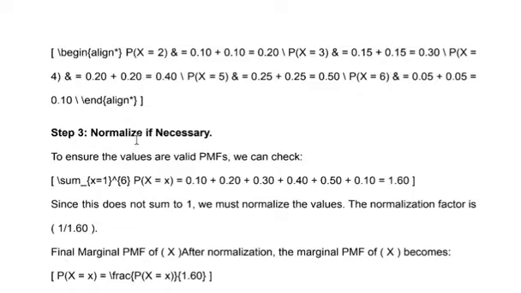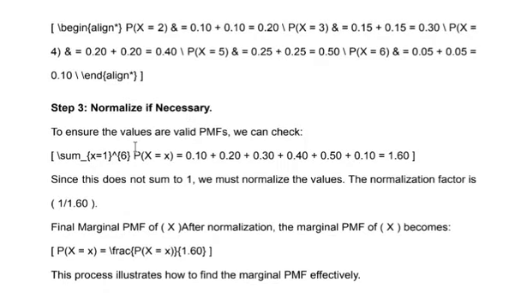Step 3. Normalize if necessary. To ensure the values are valid PMFs, we can check: the sum from x = 1 to 6 of p(X = x) = 0.10 + 0.20 + 0.30 + 0.40 + 0.50 + 0.10 = 1.60.